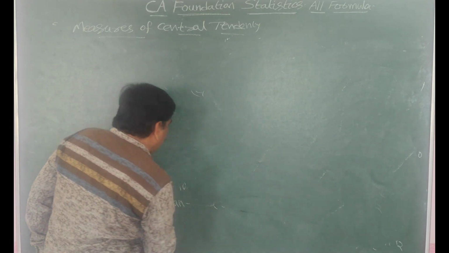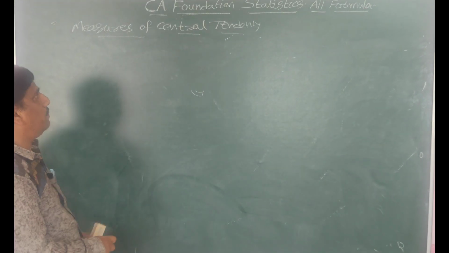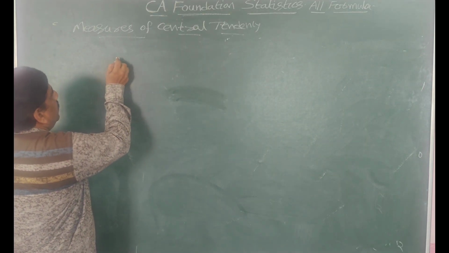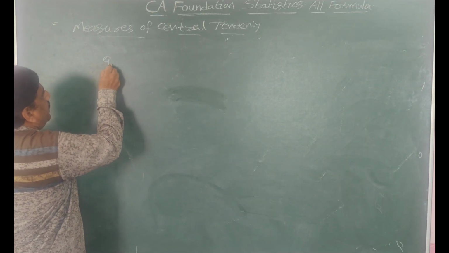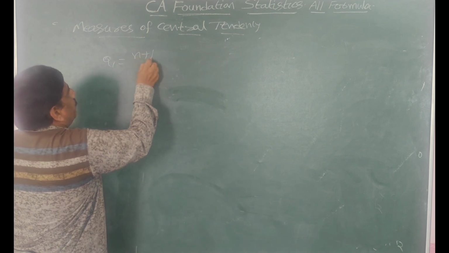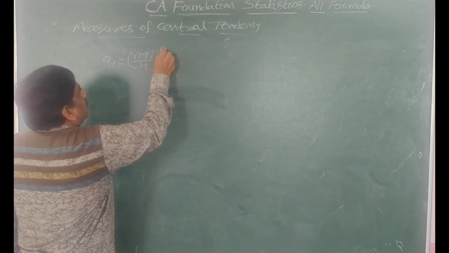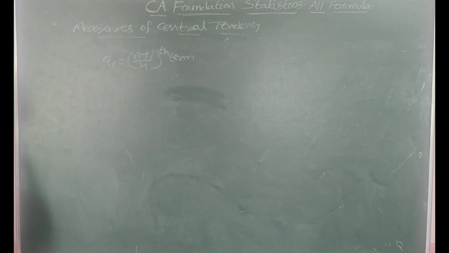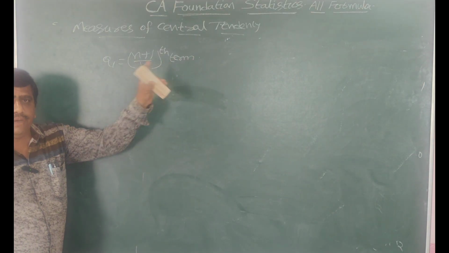Coming to quartiles, quartiles divide the data into 4 equal parts. Again, coming to individual series, the Q1 formula, first quartile formula, is the (n plus 1) by 4th term. First of all, arrange in ascending order and then find the (n plus 1) by 4th term.